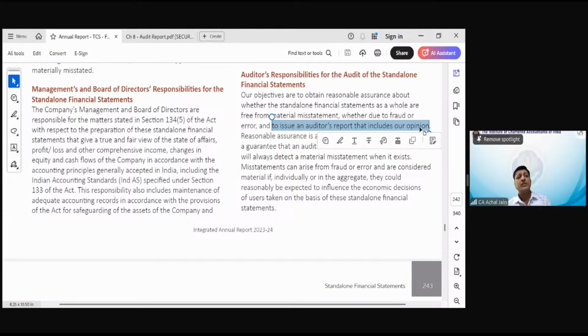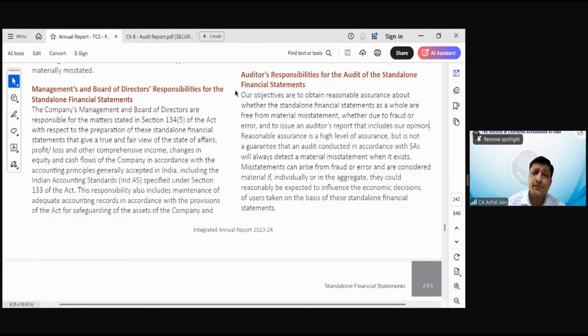Because any user of the audit report should understand what the objective of audit is. That's how you will start. When you explain to somebody that this is my objective, this is why this thing is done. Now, because you have covered some of these auditing standards, you understand the meaning of reasonable assurance.